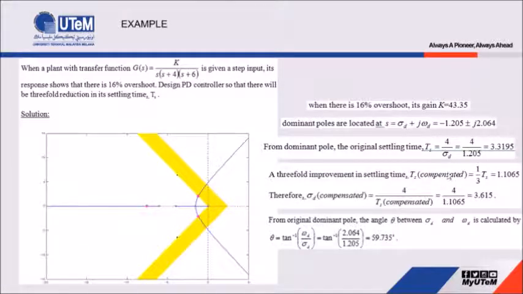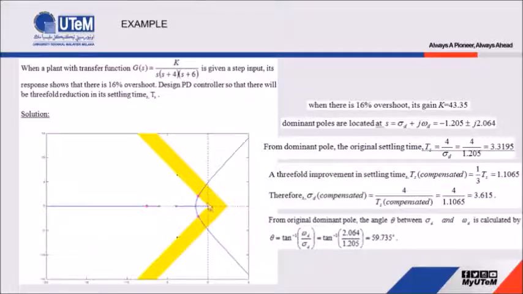At the same time, we also have to calculate the new value of omega d. Because when we change the value for zeta omega n, of course this value of omega d also changes. From the original dominant poles, the angle between sigma d and omega d is calculated by using this formula.